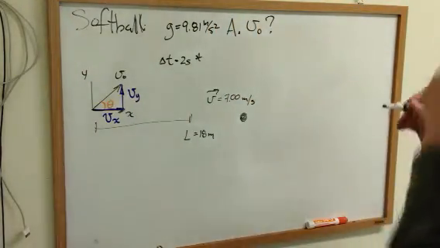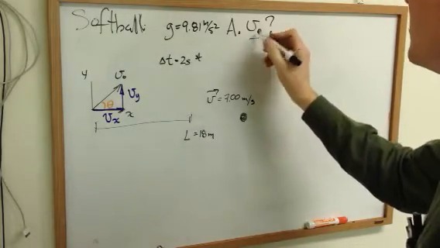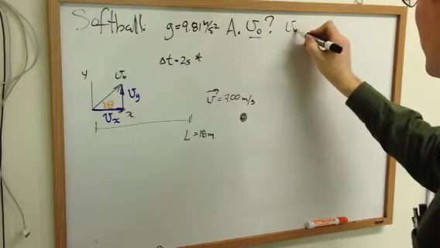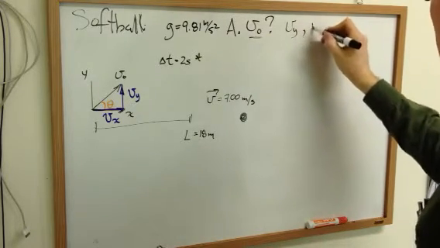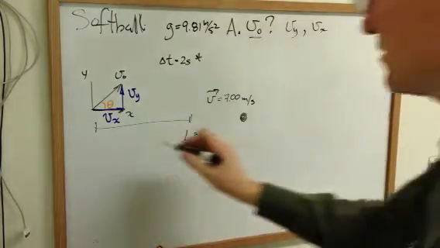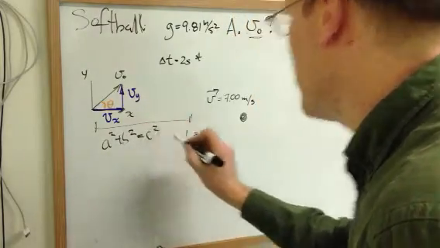So my first part, I cannot find this value straight away. The best I can do is find the vertical velocity and the horizontal velocity and combine them. Pythagoras would say a squared plus b squared is equal to c squared.